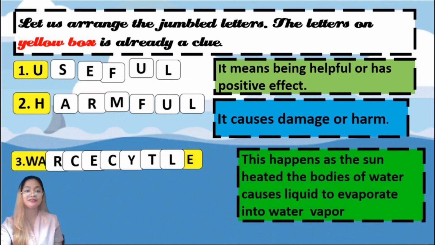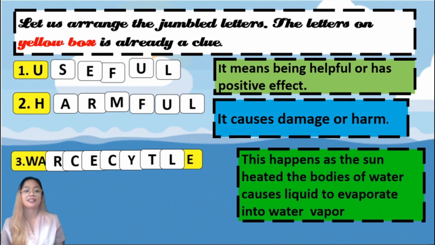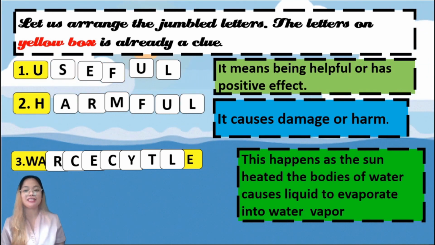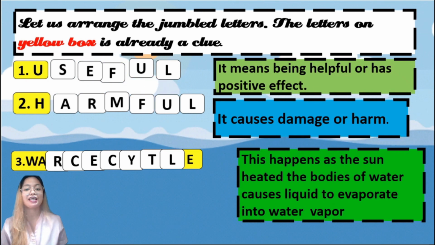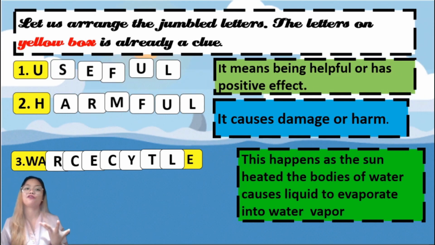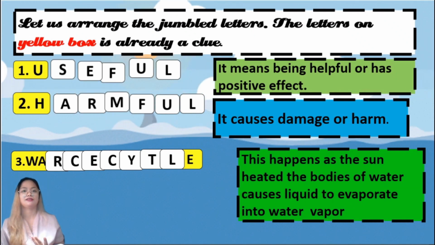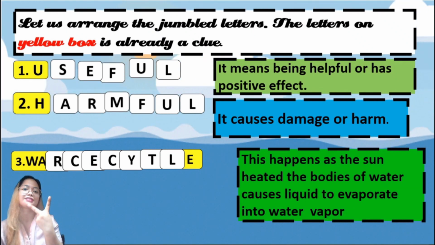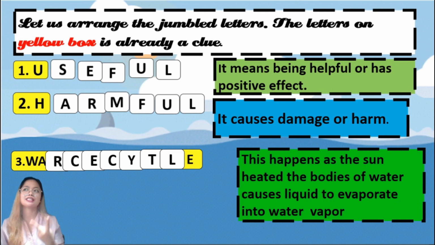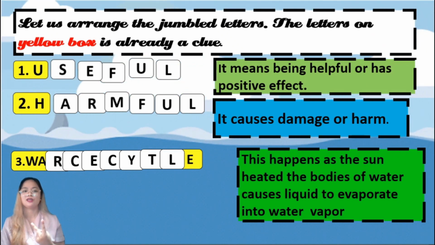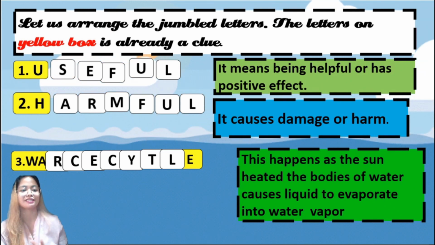Then the last word. For the third word, this happens as the sun heated the bodies of water, causes liquid to evaporate into water vapor. So this word is a process, or it composes of two words rather. Okay? So this is based on what you've had on the previous lesson. So what do you think is that process?